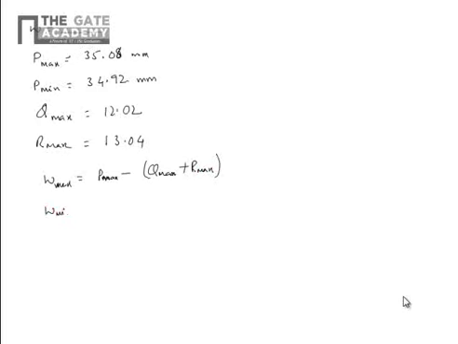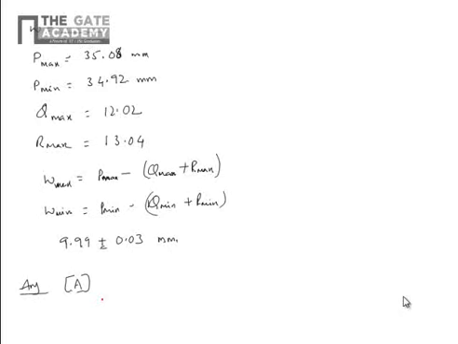Similarly, W minimum equal to Q minimum R minimum. So if you simplify this, you will get the option which satisfies 9.99 plus or minus 0.03. Answer is option A.